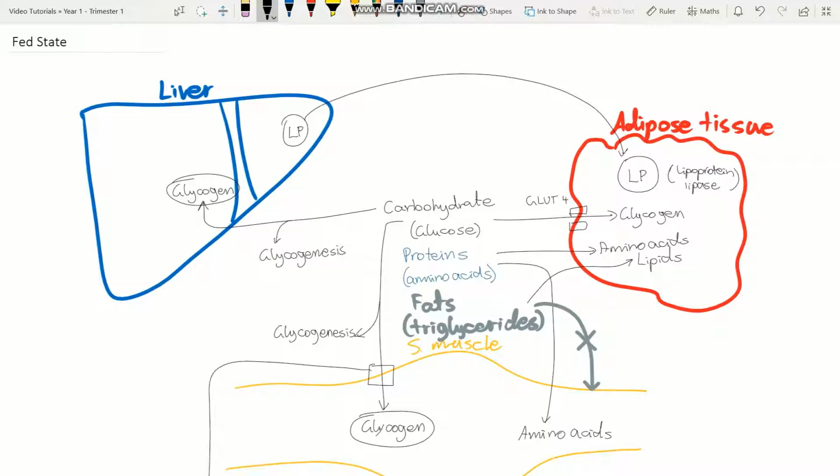In terms of proteins, there are also many proteins that are stored in the liver.